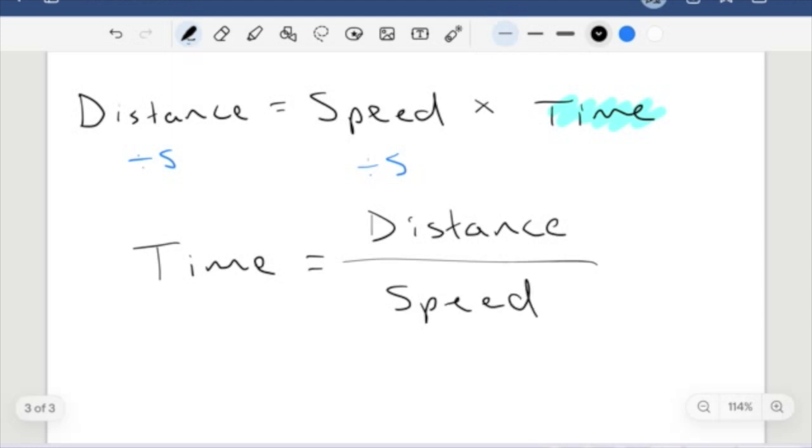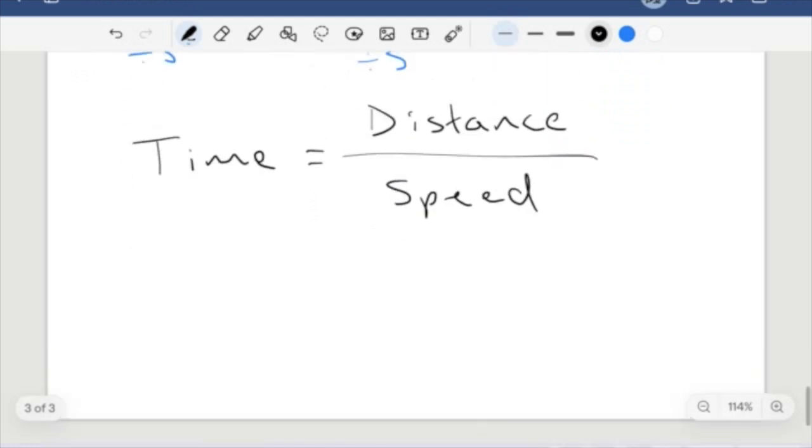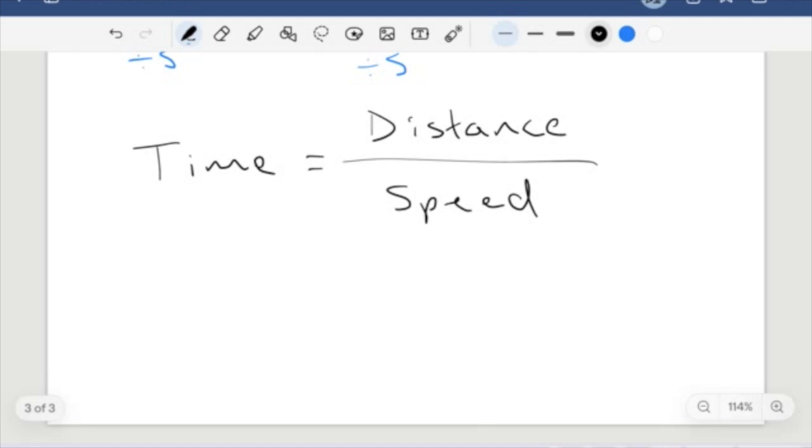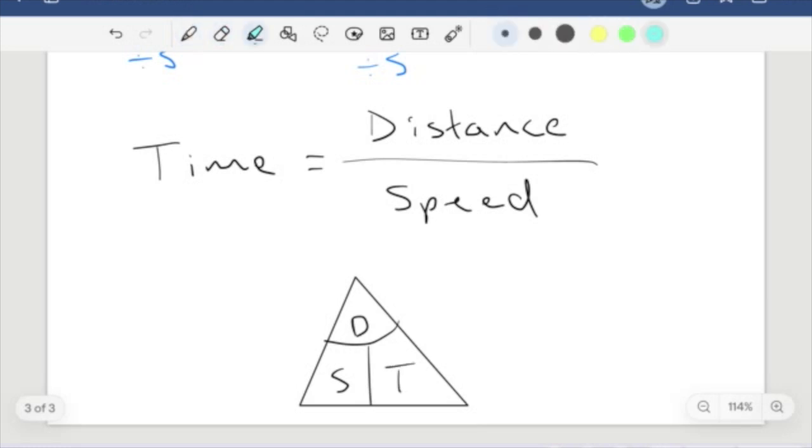So we have this formula here, and there are a few different ways to visualize this. One very common one is this triangle here. So if I draw up a triangle, that's a little wonky, but that's okay. I have the distance up here and the speed and time. So this is like saying the distance on its own up here is equal to the speed times the time.